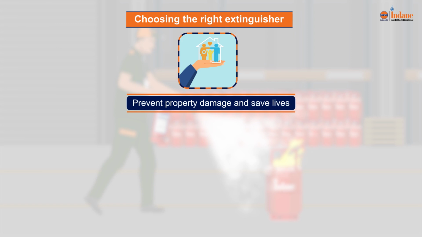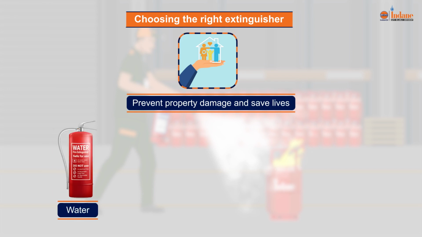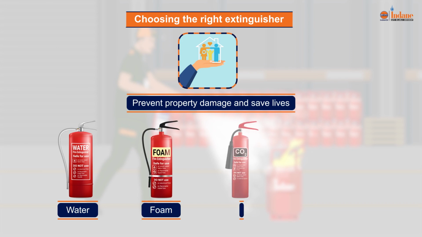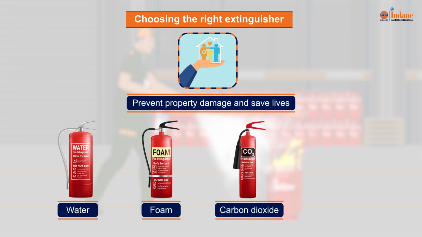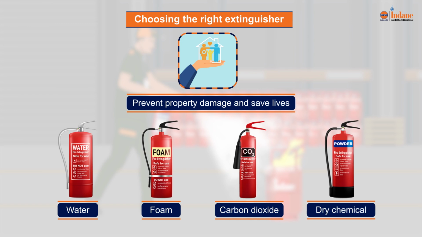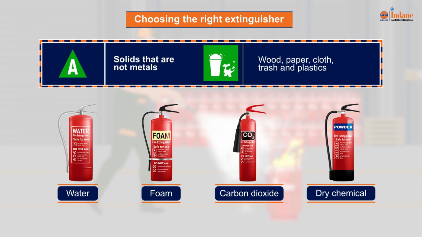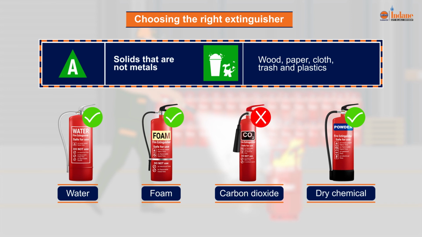Let us look at the 4 types of fire extinguishers that exist. They are water, foam, carbon dioxide, and dry chemical. For Class A type of fire, it is best to use water, foam, and dry chemical type of extinguishers, and not a carbon dioxide extinguisher.